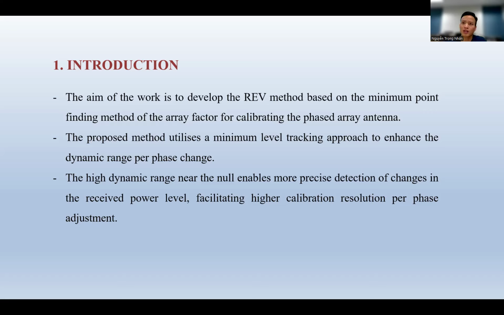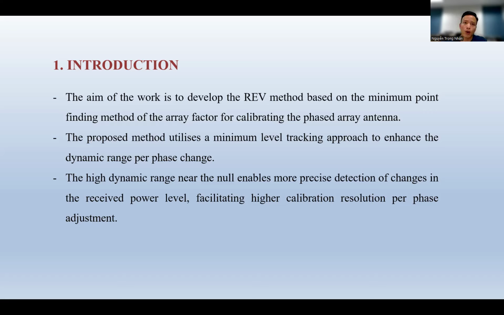This method rotates the phase of each element of the antenna from 0 degrees to 360 degrees and finds the maximum point of the array factor.